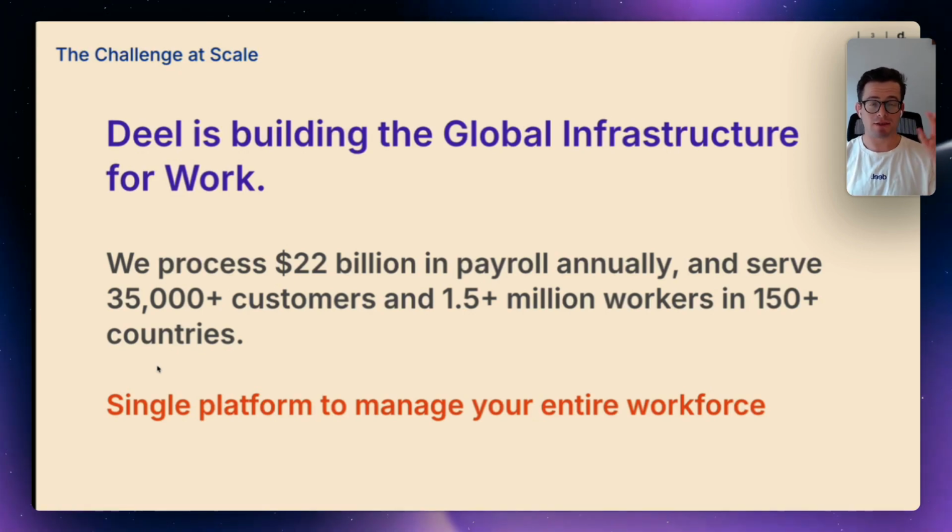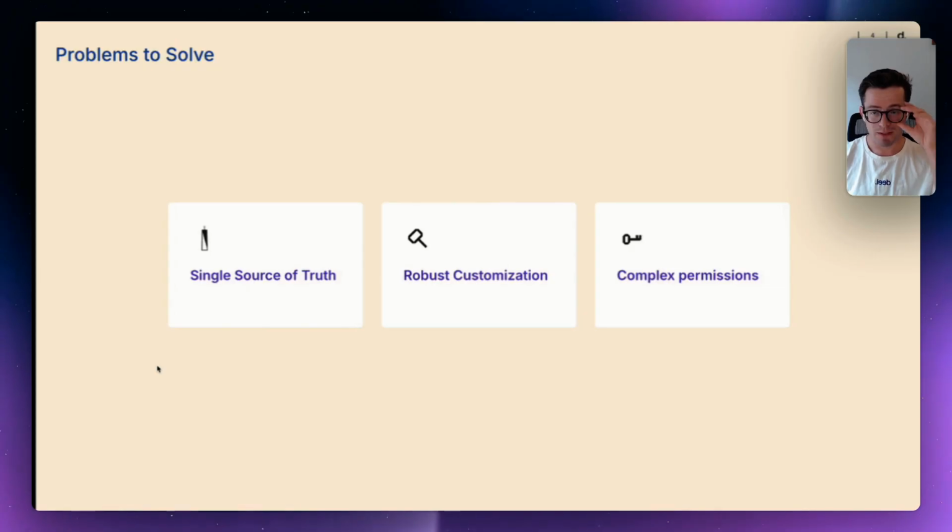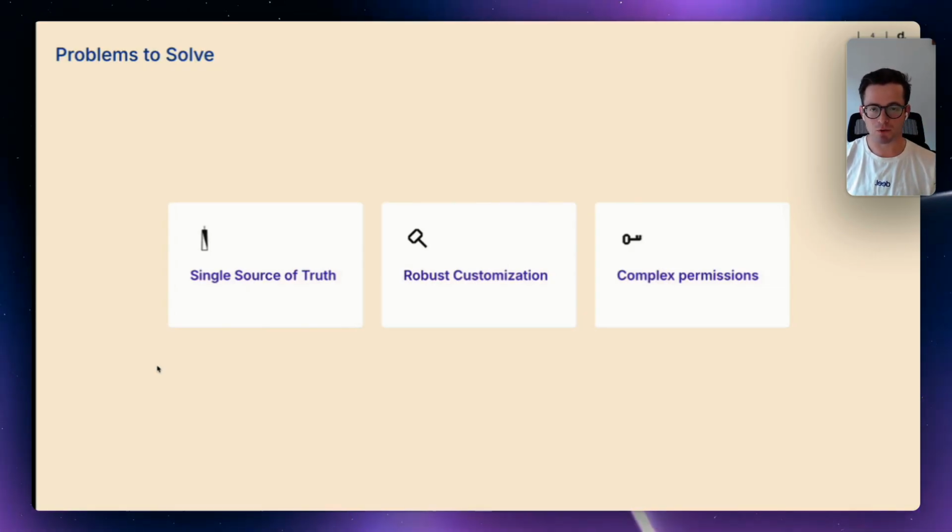And so as we began to think about how do we develop a solution to this, and we began to think about developing a multi-tenant semantic solution, we really identified three primary problems to solve. First one is probably the most obvious and the most familiar to you, and that is we have to be able to develop a single source of truth.